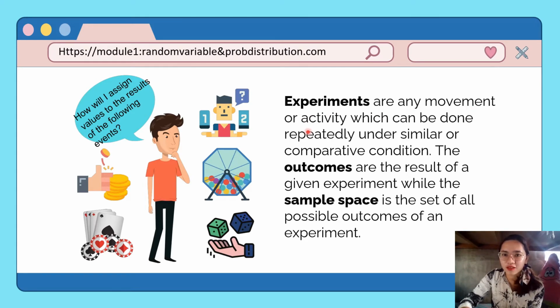Experiments are any movement or activity which can be done repeatedly under similar or comparative conditions, while the outcomes are the result of a given experiment, while the sample space is the set of all possible outcomes of an experiment. So let's have an example para mas maalala natin kung ano ba itong mga terminologies na to.